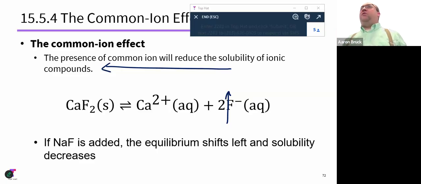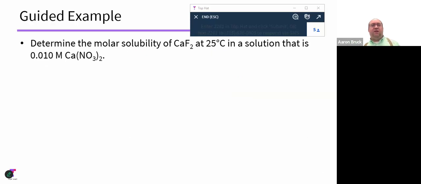And then I see how the equilibrium expression changes as a result. So let's just take a look at an example problem of that. Determine the molar solubility of calcium fluoride at 25 Celsius in a solution that is 0.01 molar calcium nitrate.